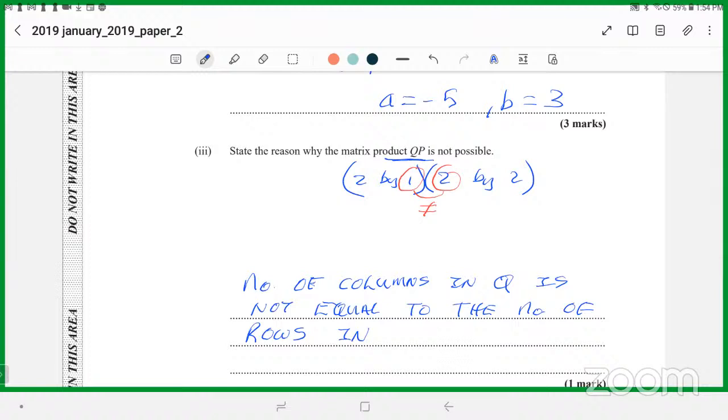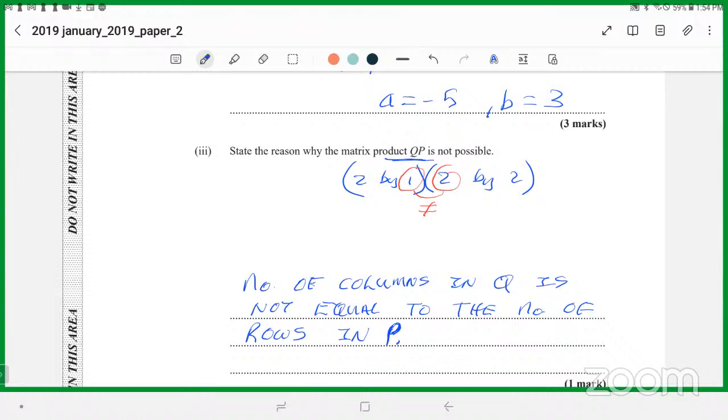But because we know it says P, we cannot just write P. We don't have to say second matrix. Q is the first matrix, so we don't have to say first matrix, we cannot say Q. P is the second matrix, but we don't have to say second matrix. We just say P. Okay with that?